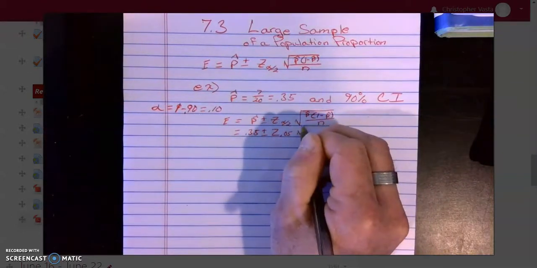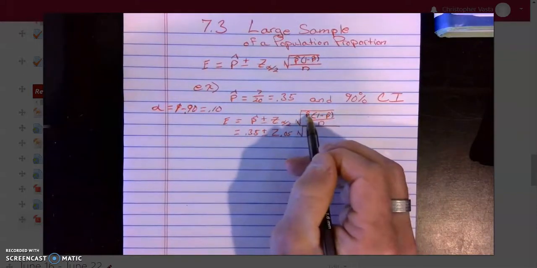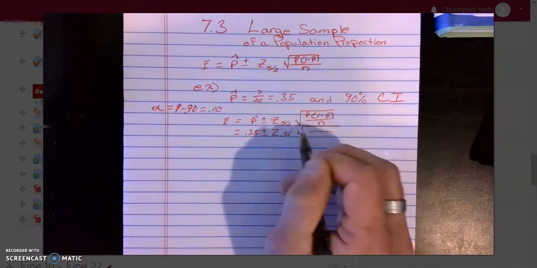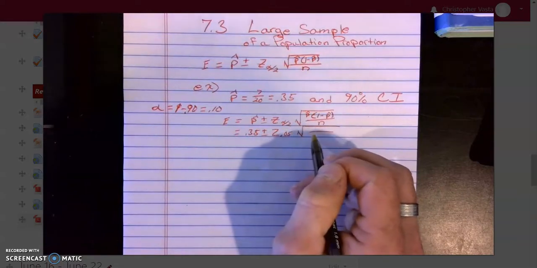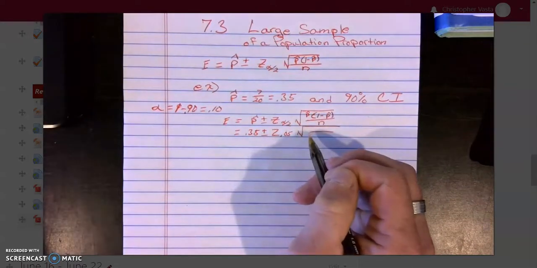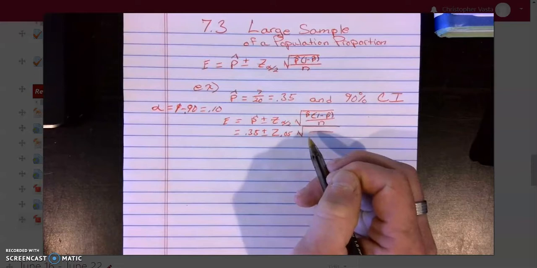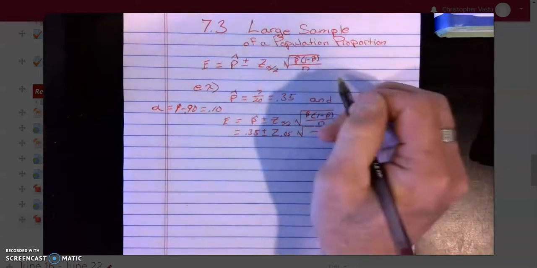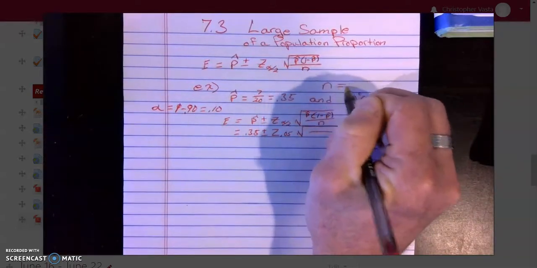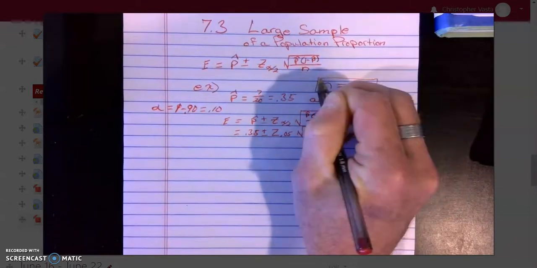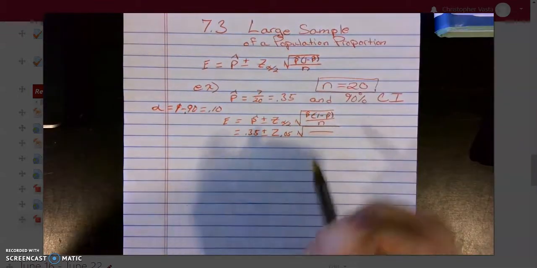And then, we have to calculate this here. This is the sample proportion on the bottom. I don't know if I gave us what n is, so we'll say that n is 20. I forgot to list that because we need to know how many samples we are taking.